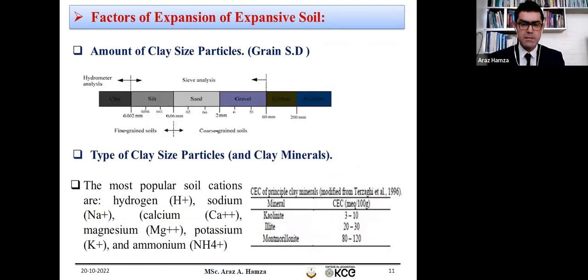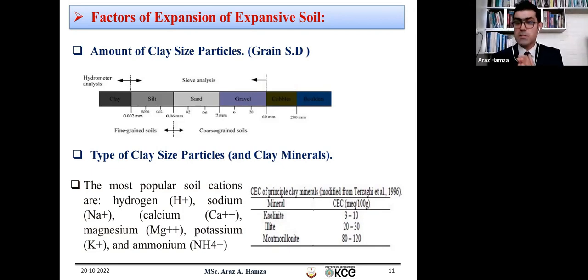The second factor behind volume change is the amount of clay-size particles. We say that expansive soil has a tendency to expand because of the clay mineral. It means that if the land that you dedicated for your project has a large amount of clay content or silt content, there is a tendency for expansion.